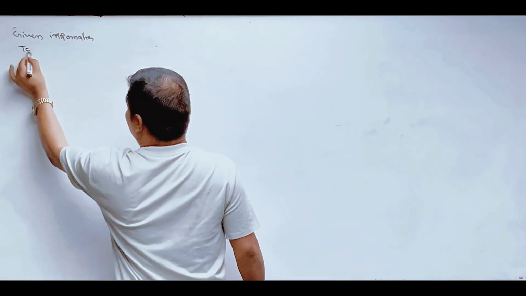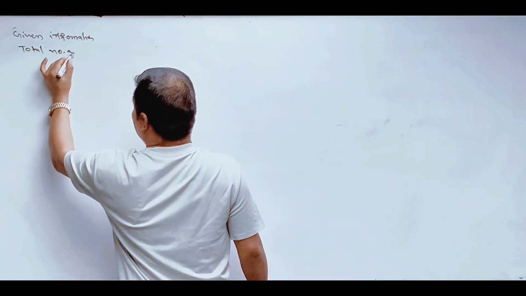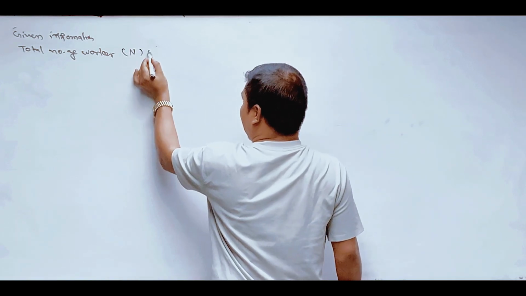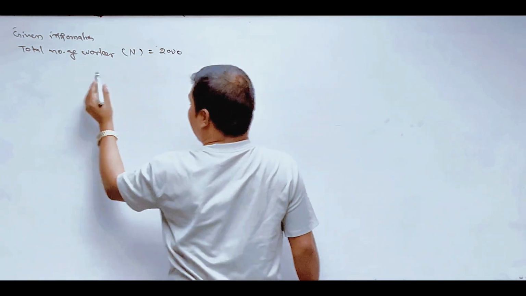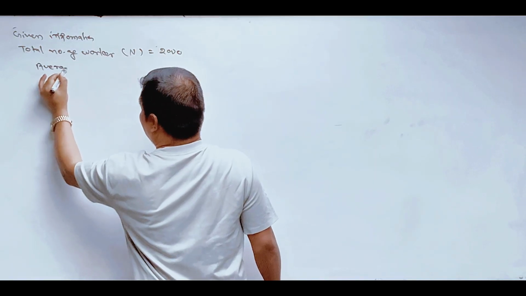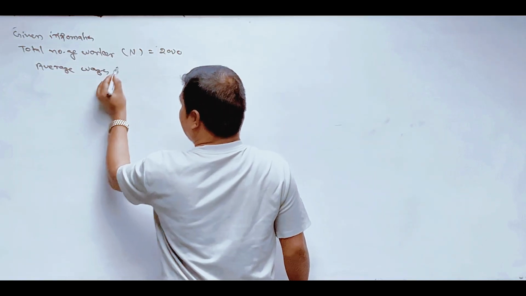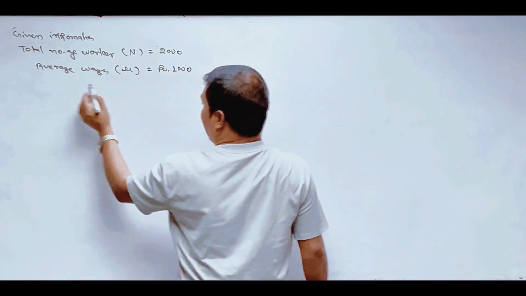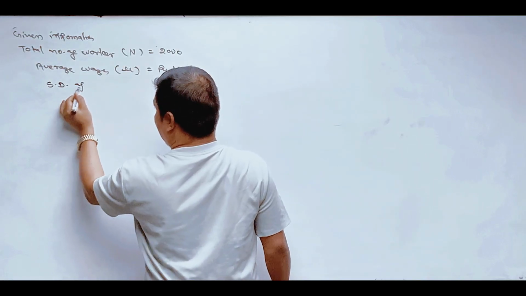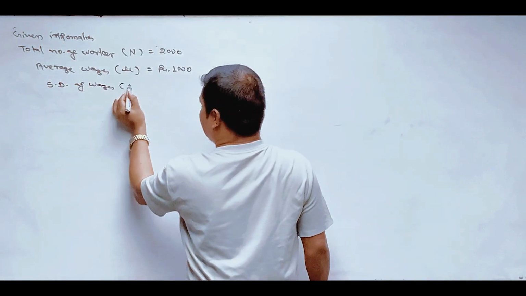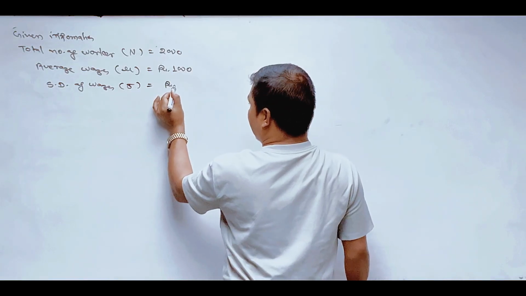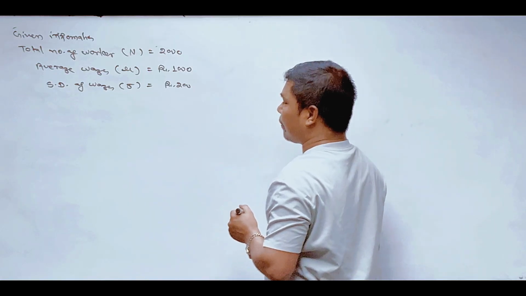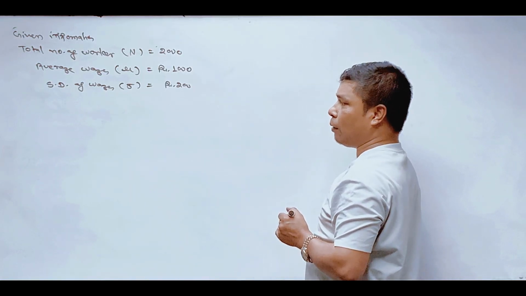Total number of workers, denoted by capital N, equals 2,000, and their average wages, denoted by mu, equals rupees 1,000, and the standard deviation of wages, sigma, equals 200. That means the wages of every worker deviate by rupees 200 from the central value of rupees 1,000.